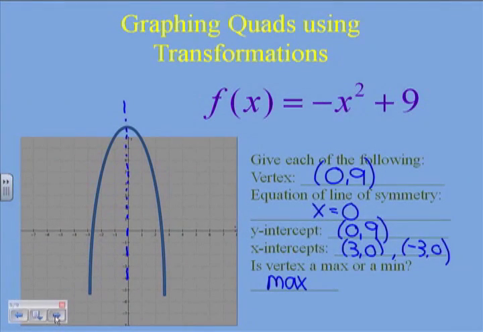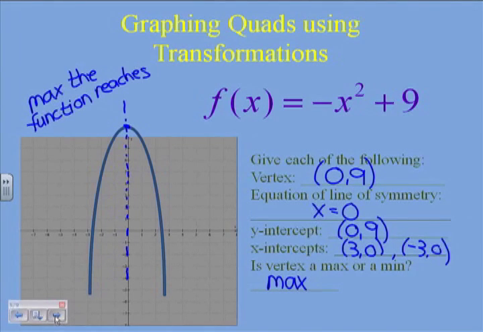Hey, by the way, while we're here talking about this particular point, sometimes you're asked what is the maximum the function reaches. That would actually be asking you for the y-coordinate.